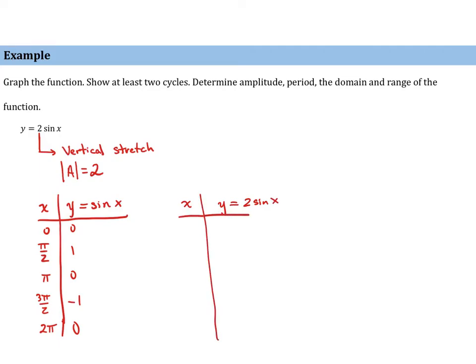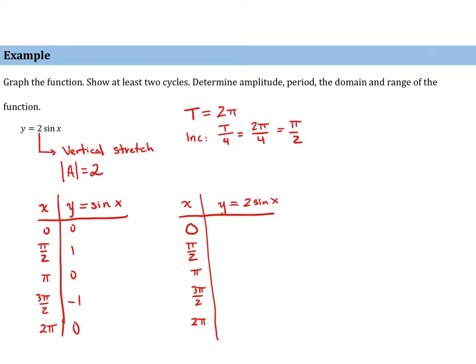So let's remember our period here has not changed. It's 2 pi. Our increment, so that's the values between each x value in our table, is the period divided by 4. So 2 pi over 4 is still pi over 2. There was no horizontal shift, so we still start at 0. And now we increment by a pi over 2. So 1 pi over 2, 2 pi over 2, 3 pi over 2, 4 pi over 2.